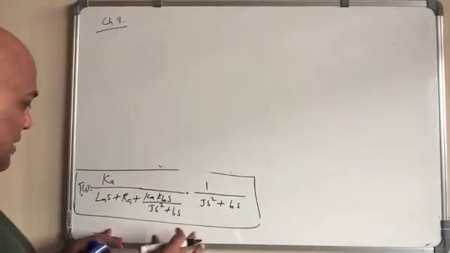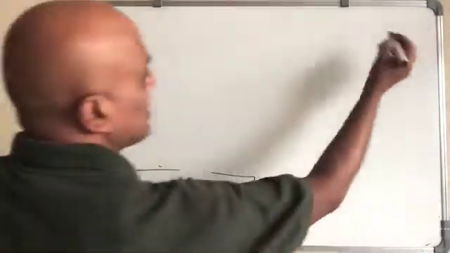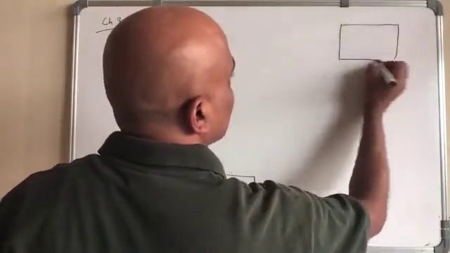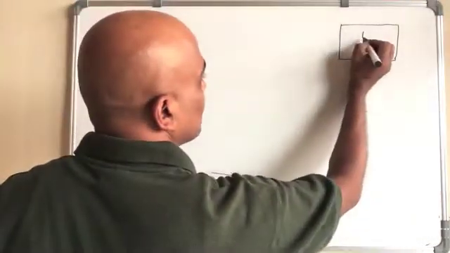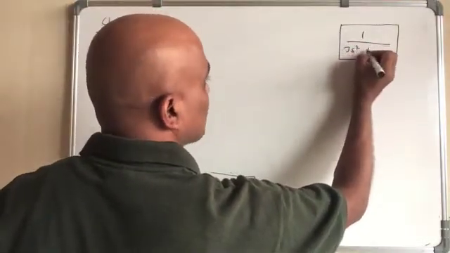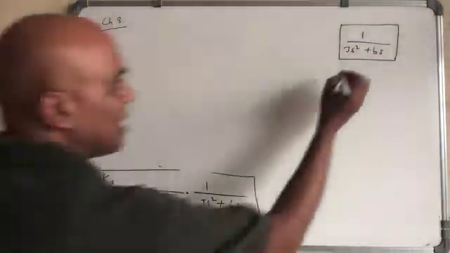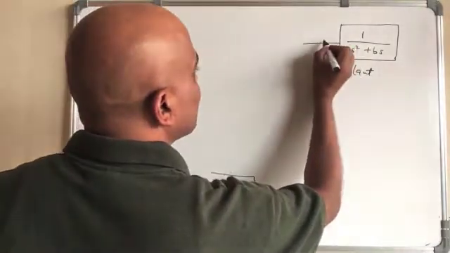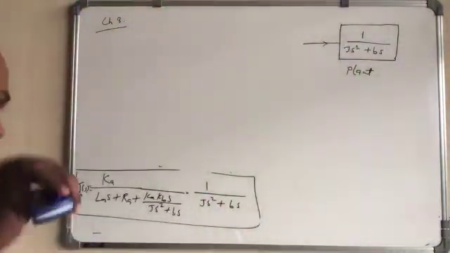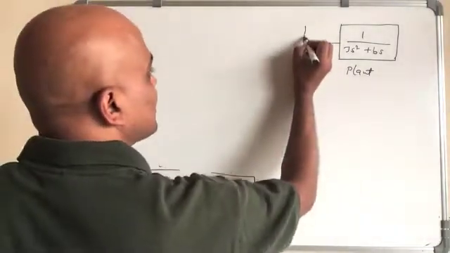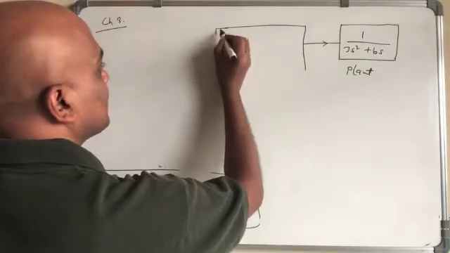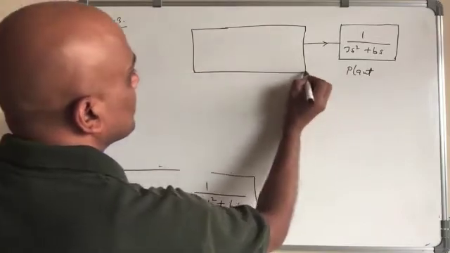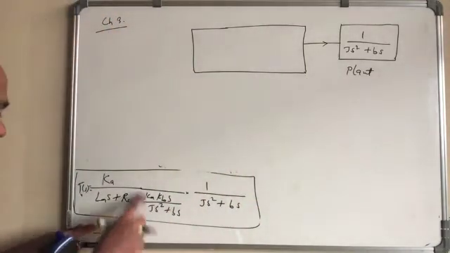Okay, so we will simplify this one. What we got so far was there is a plant here, and for that the transfer function is equal to 1 over JS square plus BS, and we call it the plant. Now we will write the block diagram, and before that there is the actuator, and for the actuator also there is a transfer function. We can simplify this one.